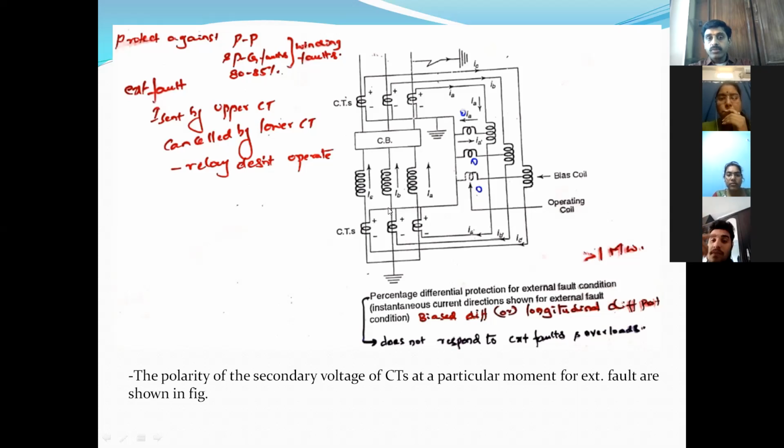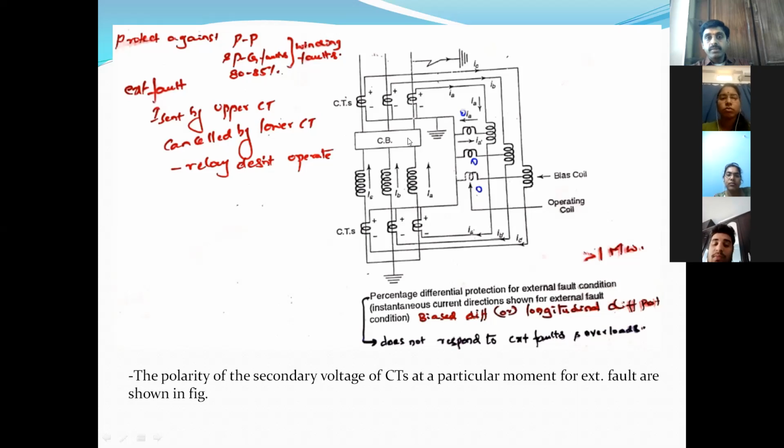That means the current leaves the CT, indicated by plus here. Here also the current is leaving the CT, marked as plus, and then going to the fault. That is the polarity of the CTs for this particular fault condition. Then let us see, a fault occurred in this phase.